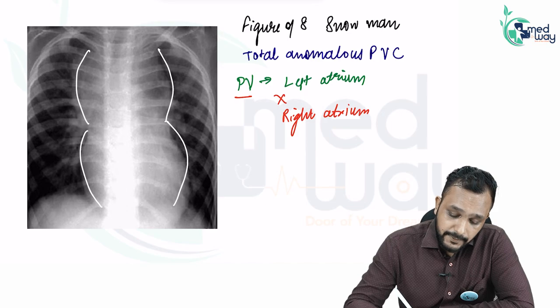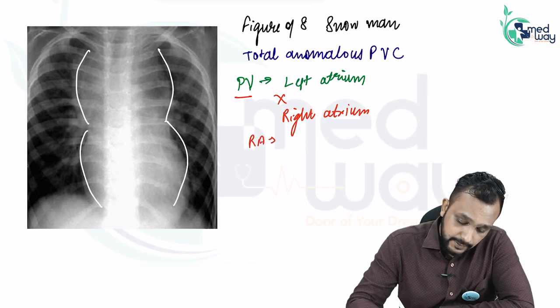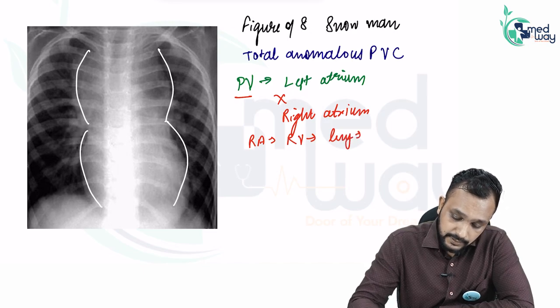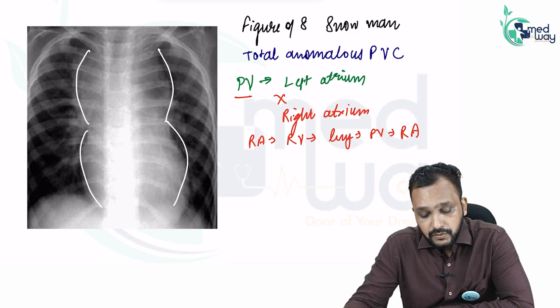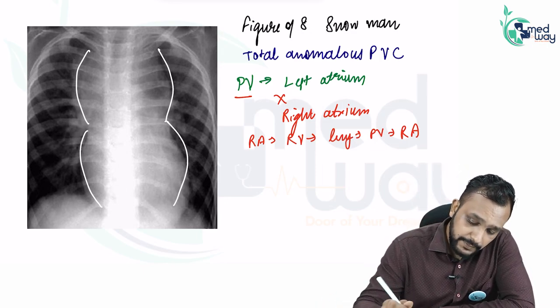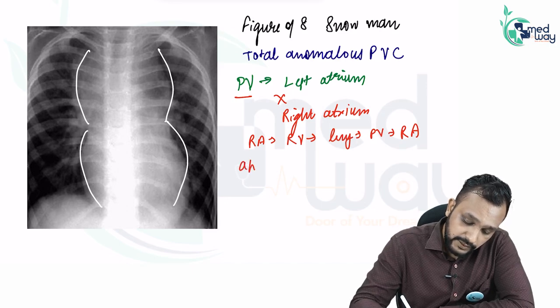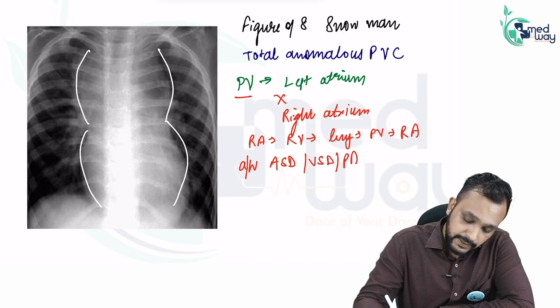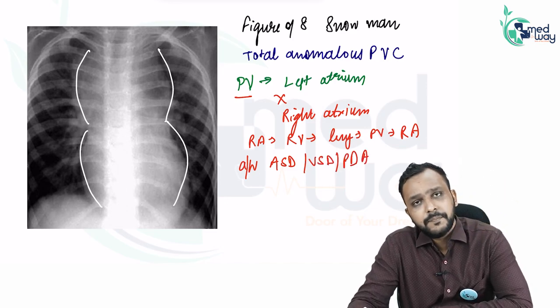It goes into the RA, RV, then lungs, then back to pulmonary veins, and again right atrium. So again, for these patients to stay alive, these patients are always associated with the ASD, or VSD or patent ductus arteriosus, right?